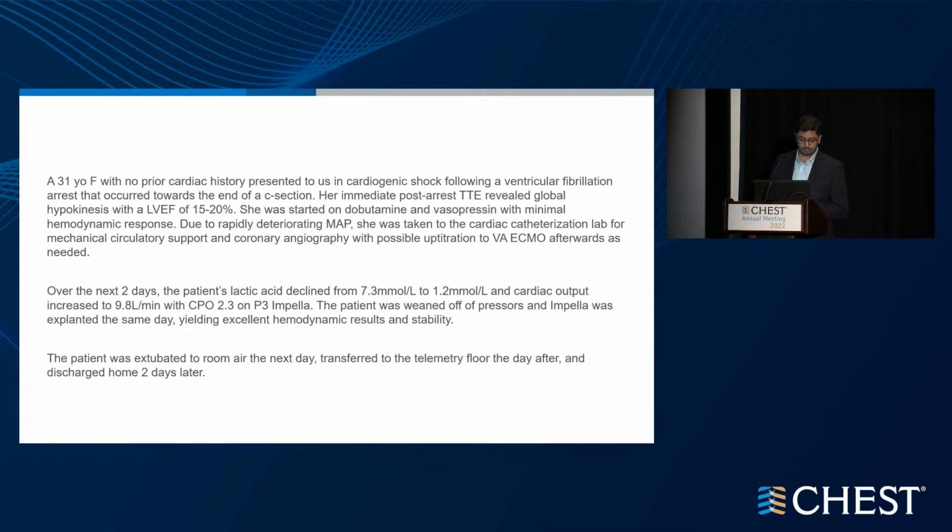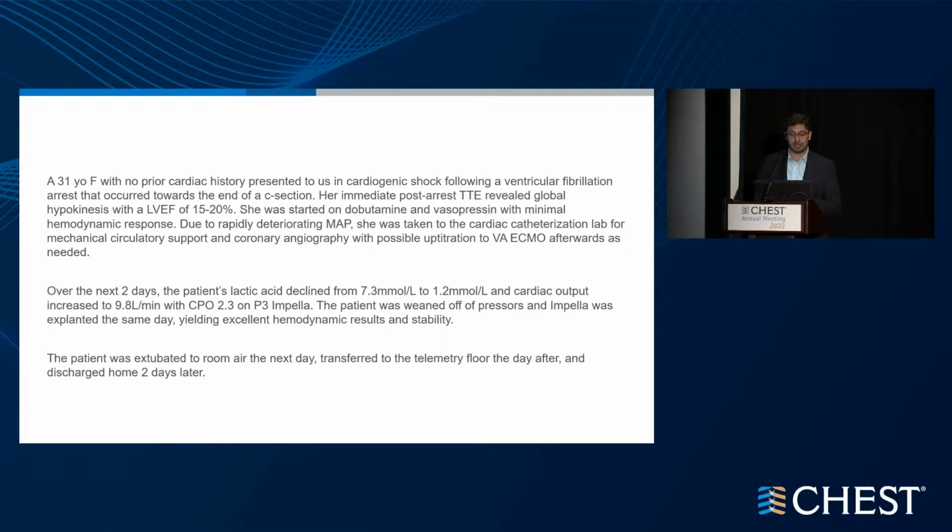So to summarize what's going on, we had this patient who came in with cardiac arrest that started after she had fascial closure during a cesarean section. Her post-arrest course was complicated by cardiogenic shock. Unclear at this point what the exact cause of it was, so we took her to the cath lab to make sure there was no ischemia.